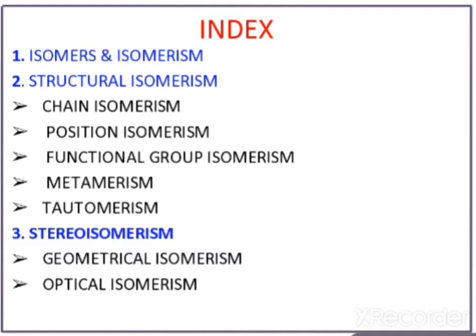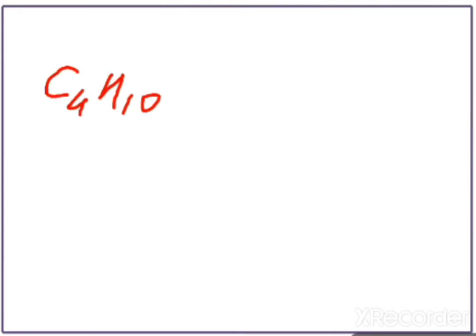First is isomers. What are isomers? The organic compounds which have same molecular formula but different structures and chemical properties are known as isomers. For example, you see for the compound C4H10, the total number of carbon atoms is 4 and the total number of hydrogens is 10.